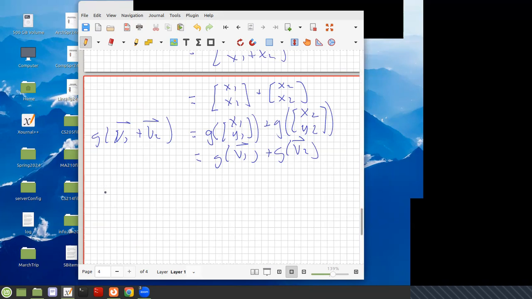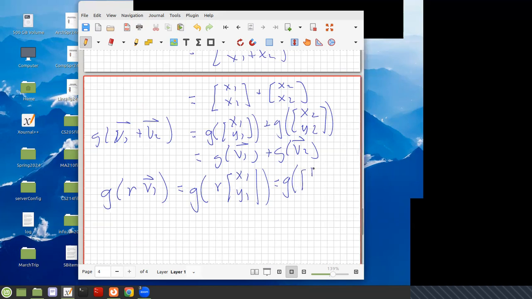And now we can go and do the second property, which is G of R times V1, say, which is going to equal G of R times X1, Y1, right? Because I just put in for V1. Which is equal to G of Rx1, Ry1. That's how the multiplication by scalar is defined in the domain. Then I have this in a form that I can apply the map, I know that the image is just going to be Rx1, Rx1. That's what G does. But then I can pull out the R here.